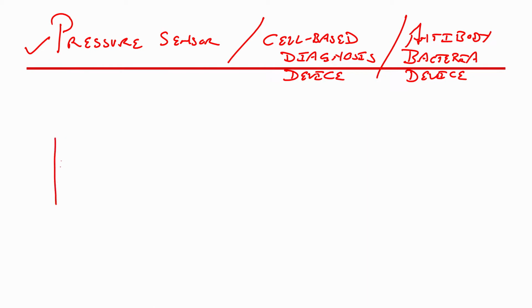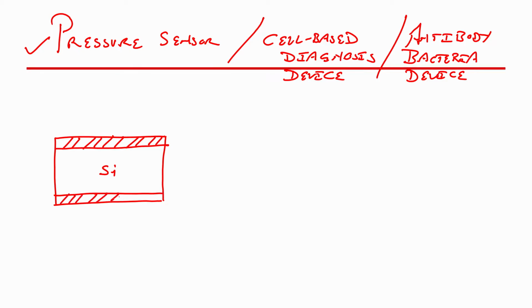It is extremely simple. Take an oxidized silicon wafer: you have a silicon wafer, you grow oxide, and it becomes an oxidized silicon wafer. Now, there are two ways of designing a pressure sensor.